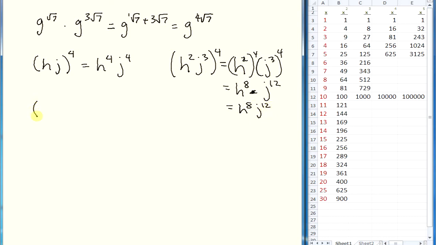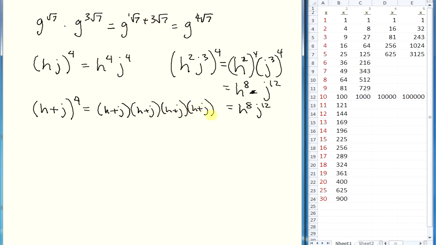But if this problem would have been h plus j to the 4th, you are not allowed to multiply the h to the 4th and the j to the 4th. What this is really saying is you would have to go h plus j, h plus j, h plus j, and h plus j.